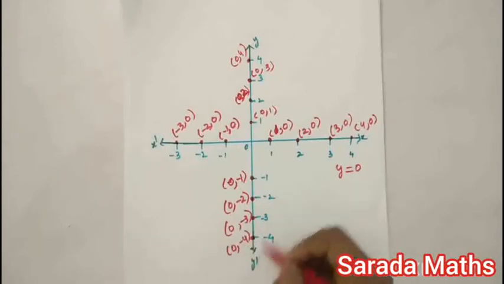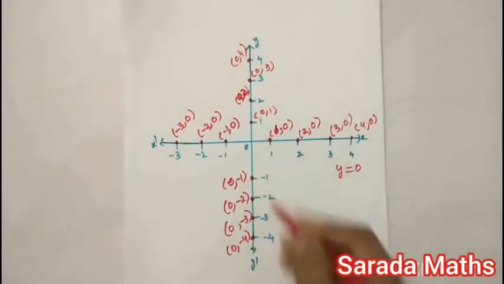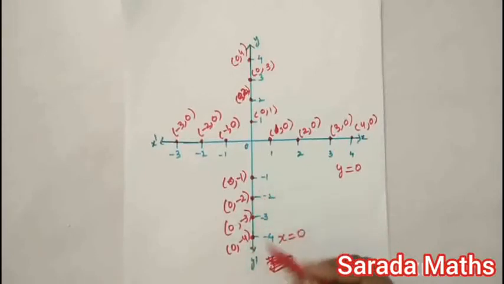So in this y-axis, if you observe, at each and every point the value of x is common, that is 0. The value of y is changing. That is, the solution of x is 0 and the solution of y is changing. So the equation of this y-axis is nothing but x equal to 0.